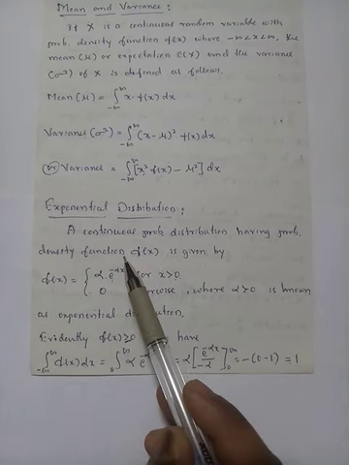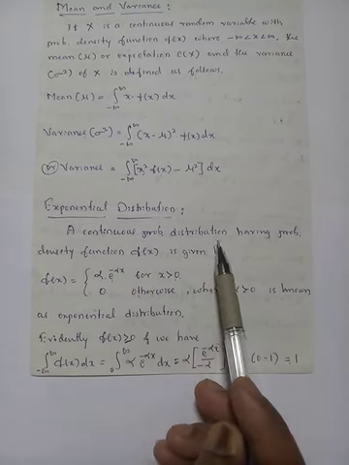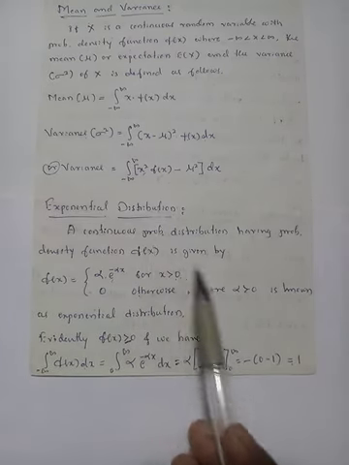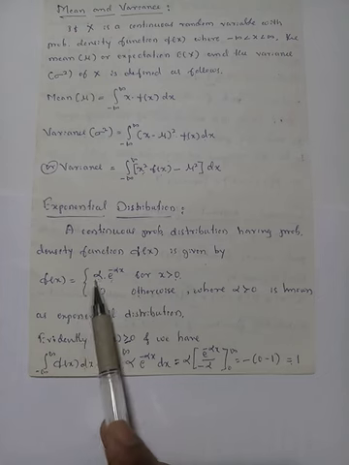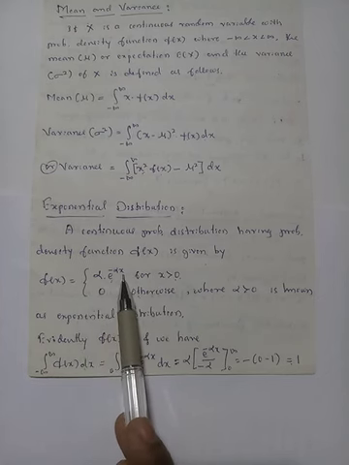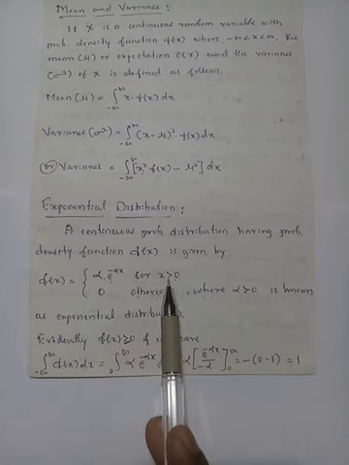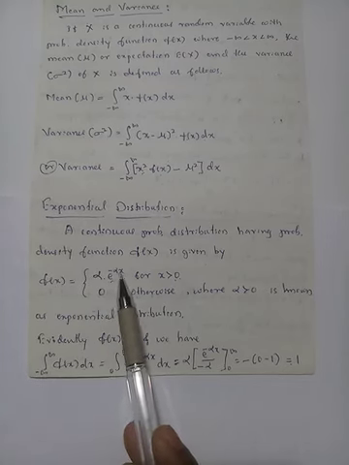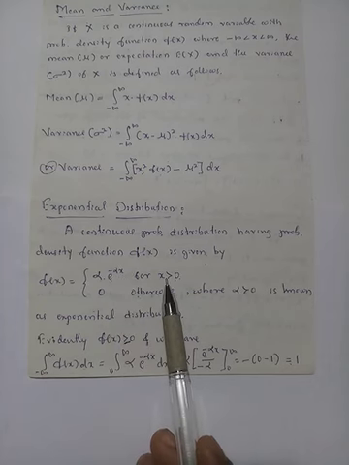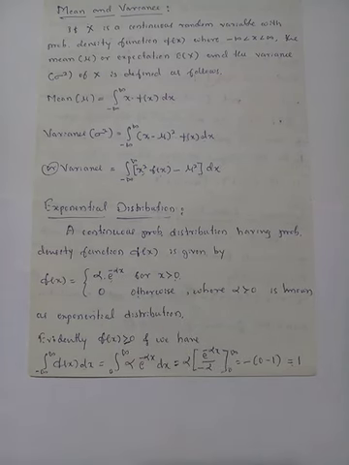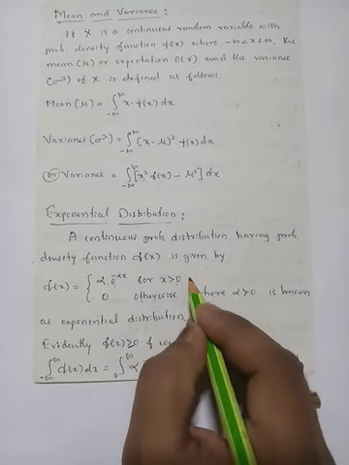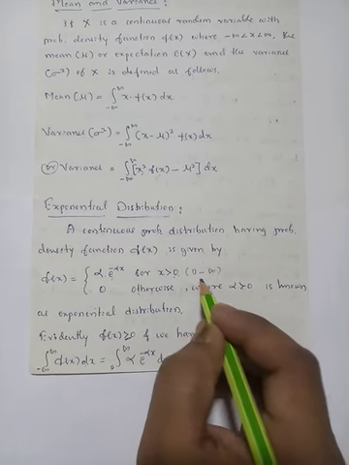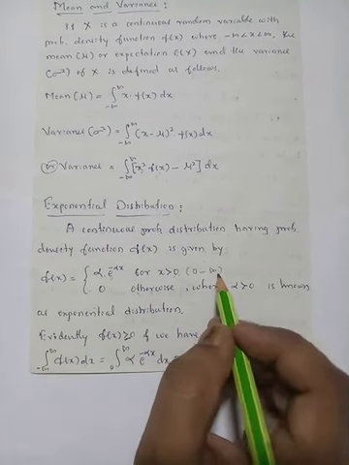The definition is a continuous probability distribution having probability density function f of x given by f of x equal to alpha into e raised to minus alpha x for x greater than 0, that is, x from 0 to infinity.